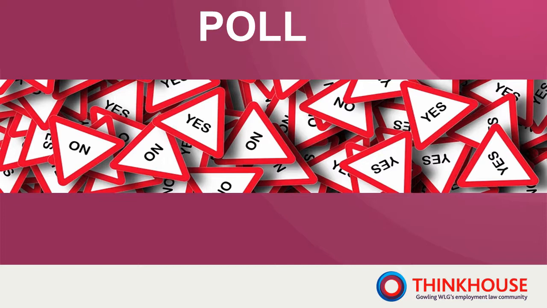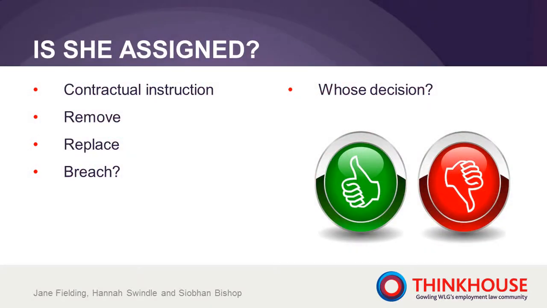They exercised that right, but the original contractor, even though it meant it was in breach of its contract with the council, although they disciplined this lady, didn't actually remove her from the contract by the time of the TUPE transfer. So unfortunately for the incoming employer, and also for the client who didn't actually want her on the contract, she was assigned and could transfer over.